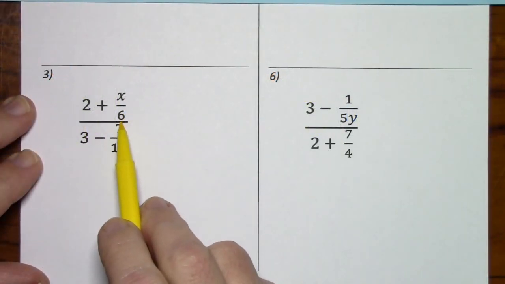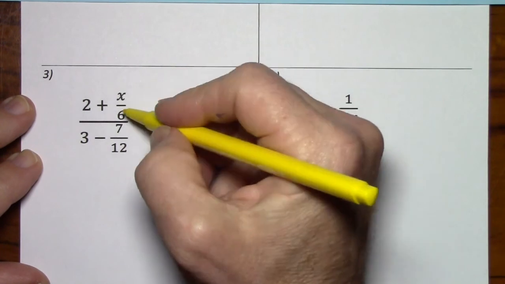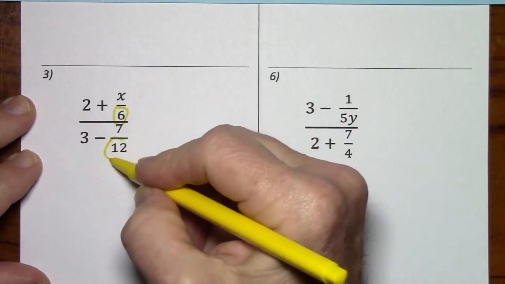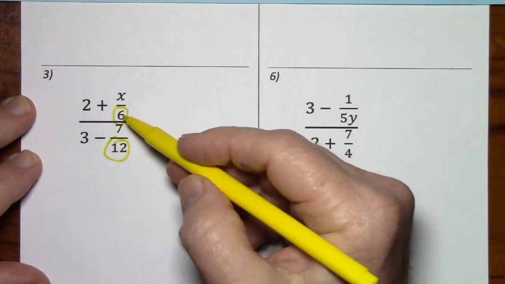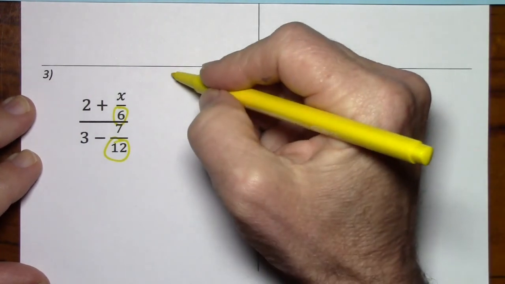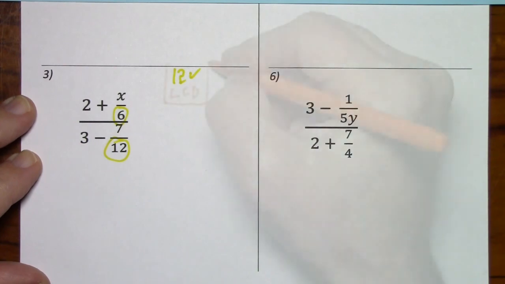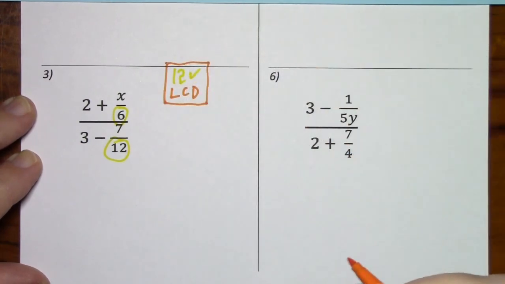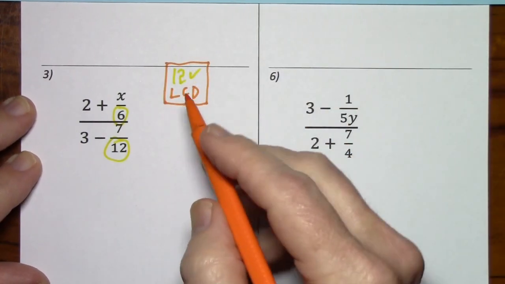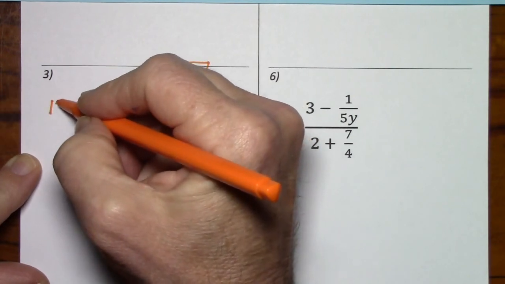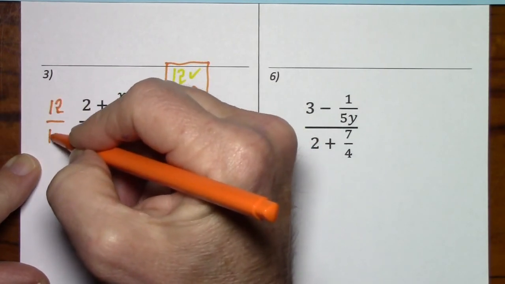Looking at this one, we're going to focus on just the denominators, which are 6 and 12. 6 goes into 12, so 12 is the least common denominator. This means we're going to multiply by 12 over 12.